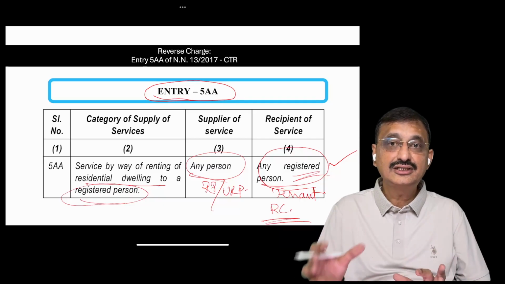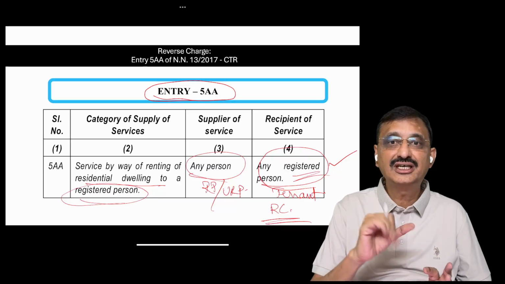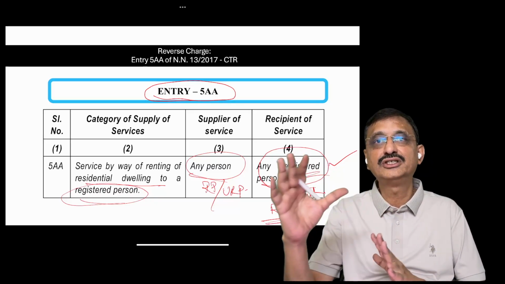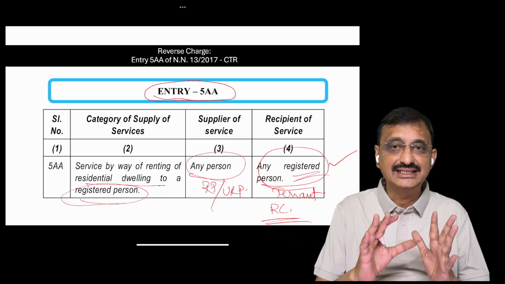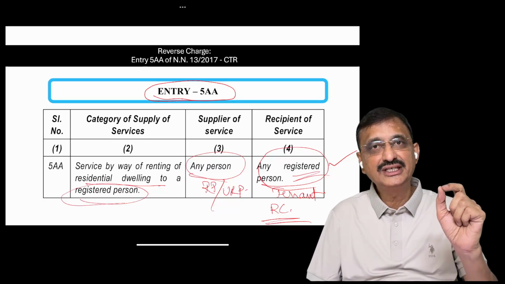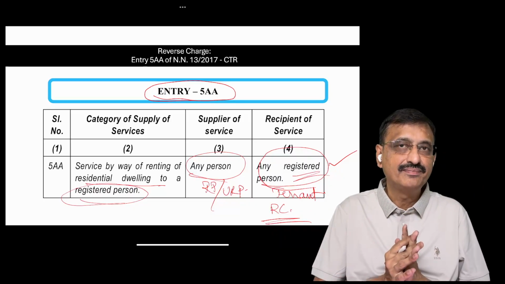Okay. Next, we will examine commercial property. Generally, if someone lets out a commercial property to another person, forward charge is leviable. Means the landlord has to pay GST to the government. Of course, he can collect it from the tenant.